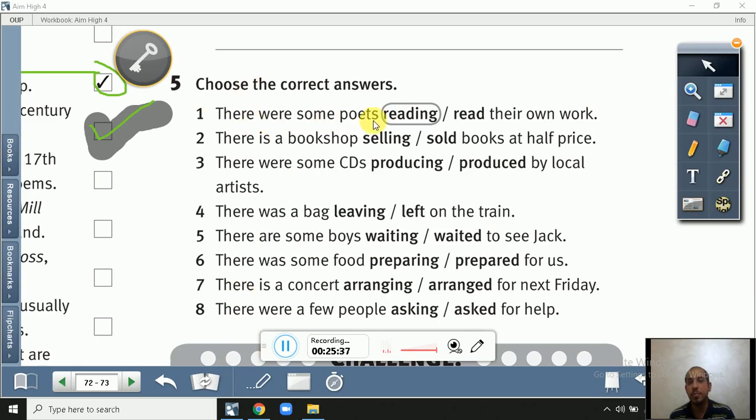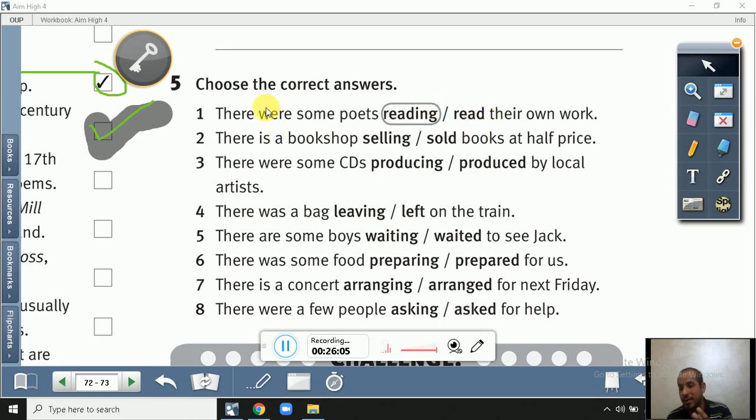Question: there were some poets. All of those sentences are reduced because the clauses are followed by either a past participle such as read, or a present participle. So your job is to decide whether to use the present participle or the past participle.